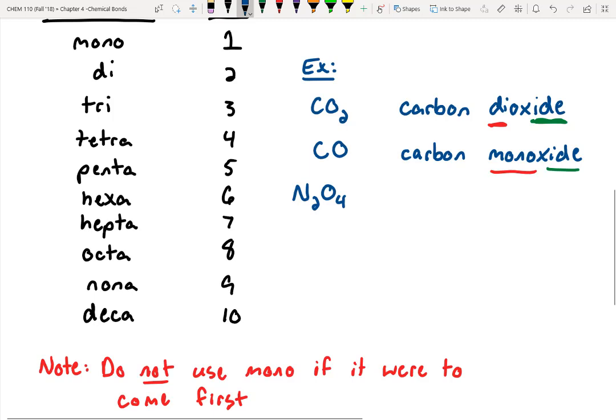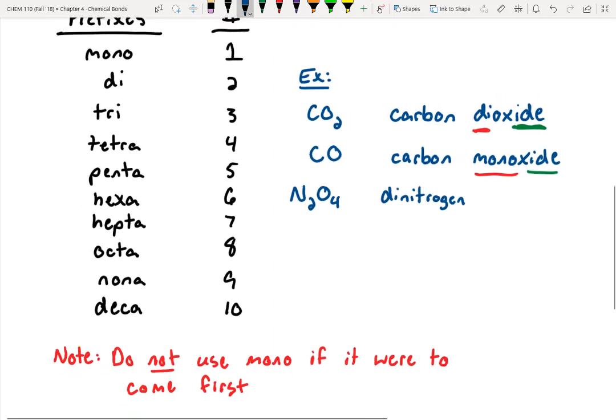N2O4. So it looks like we have 2 nitrogens. So how should we name the first part of this? Dinitrogen. We do need a prefix because it's not mono. We're not going to change the suffix at all for the first half. It's just the prefix plus the full element name, so dinitrogen.